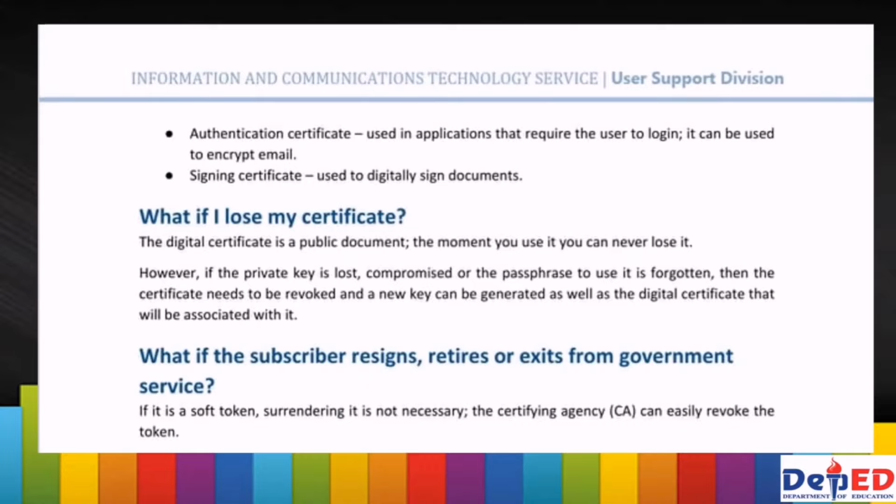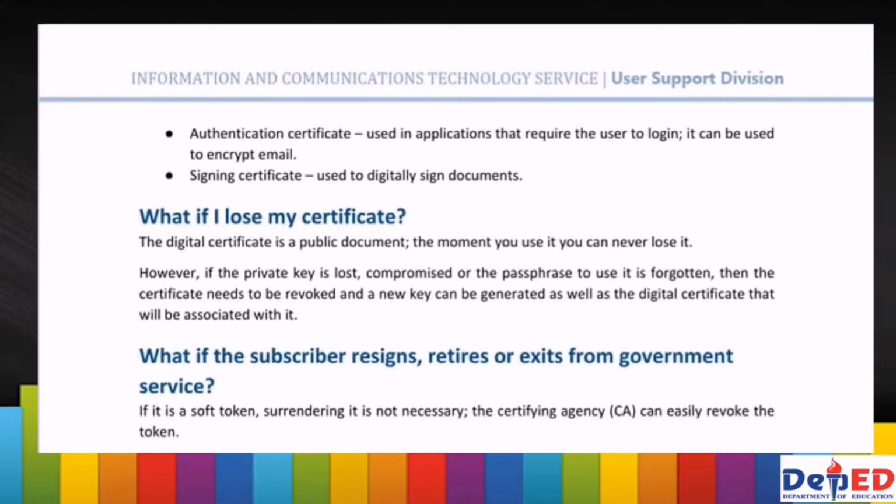And for the next question, what if I lost my certificate? The answer is, the digital certificate is a public document. The moment you use it, you can never lose it. However, if the private key is lost, compromised, or the passphrase to use it is forgotten, then the certificate needs to be revoked and a new key can be generated as well as the digital certificate that will be associated with it.